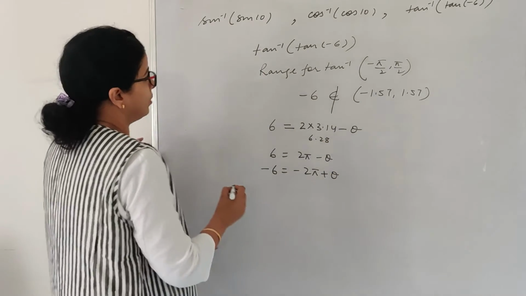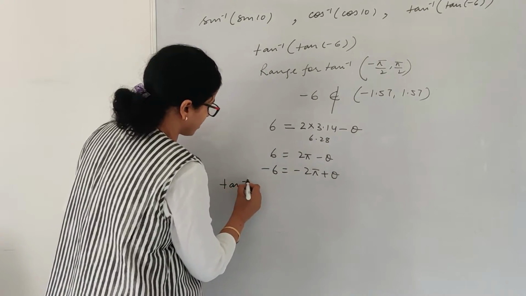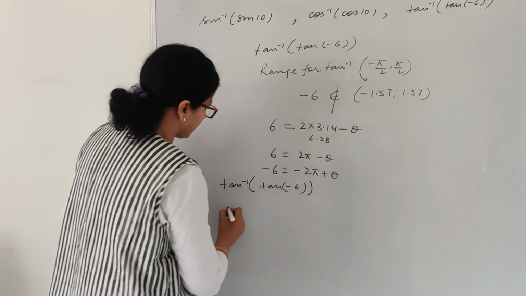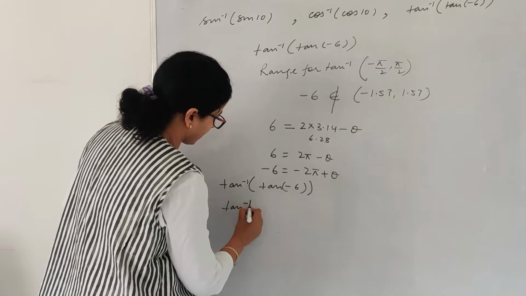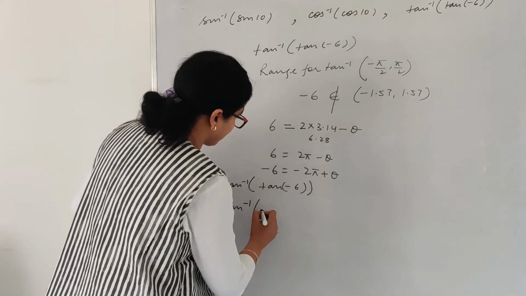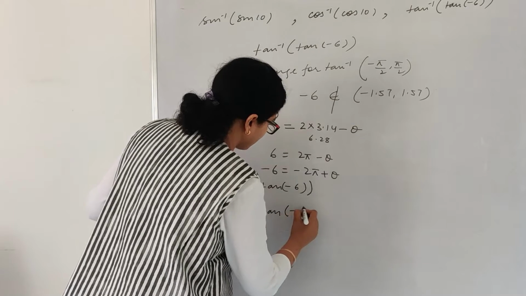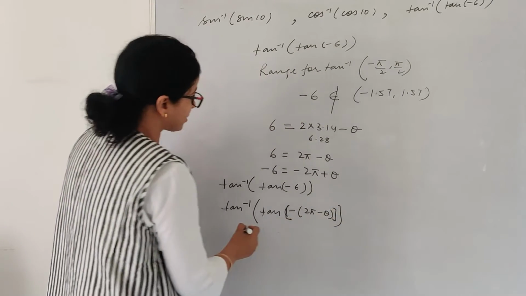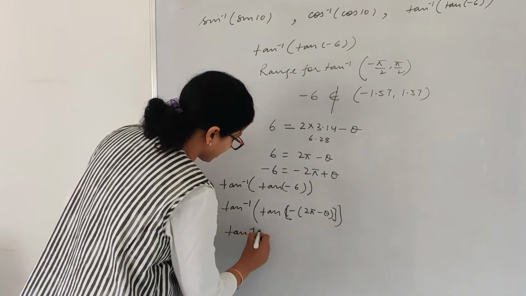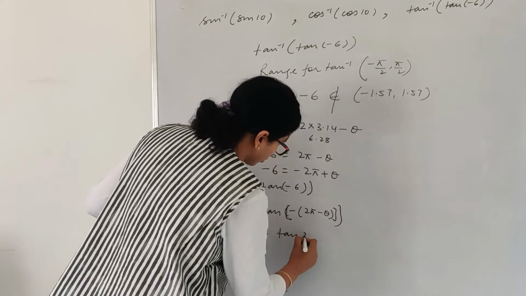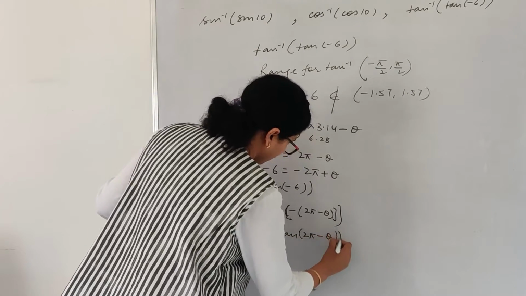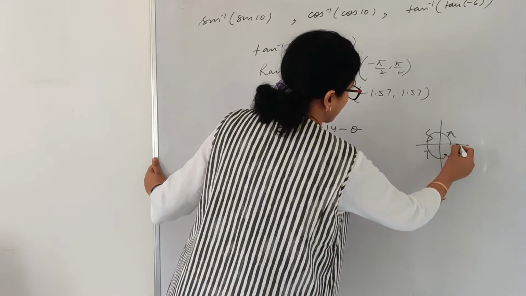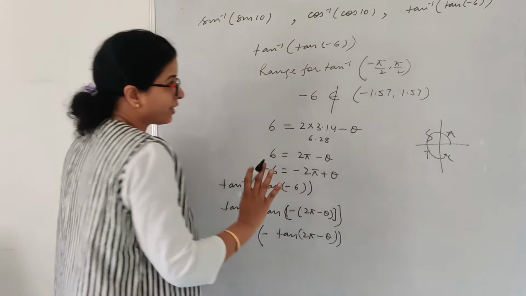So now I have tan inverse of minus 6. Substitute the value: tan inverse of minus, bracket 2 pi minus theta. 2 pi minus theta is the fourth quadrant, where tan is negative.